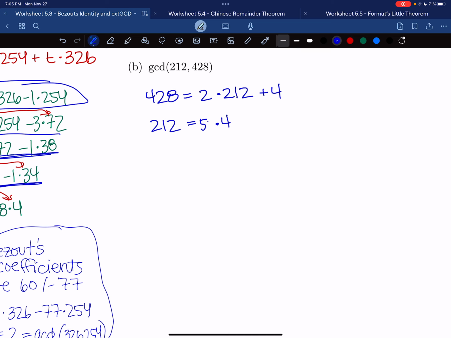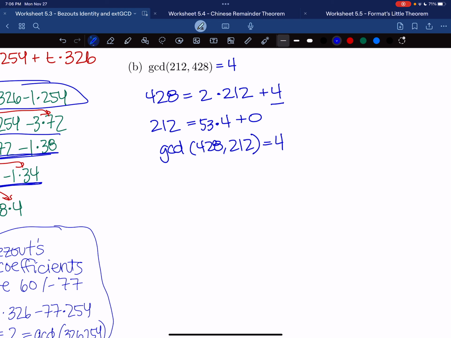In fact, we can fit 53 4s in there, and we have 0 left over. And so the GCD of these is 4. We always go back up to that 1, and that's where we get the 4. So GCD of 428 and 212 is equal to 4.